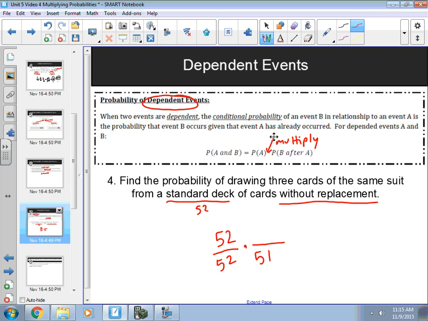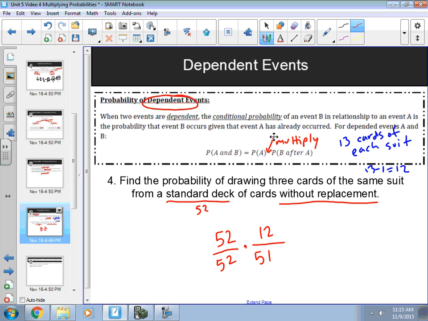How many clubs are going to be left in our deck? Well, we know there's 13 cards of each suit. So assuming we picked one on our first one, that means 13 minus 1 is going to leave 12 left in the deck for our second choice.